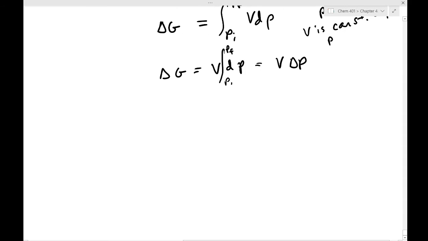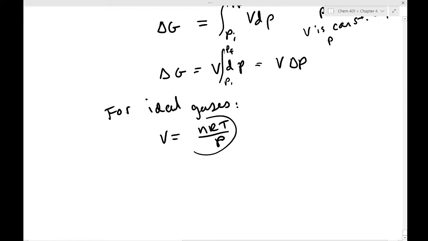Okay, for ideal gases, we can write the volume as nRT over P. So that's how the volume varies with P. We can plug this back in up here, and we can solve.